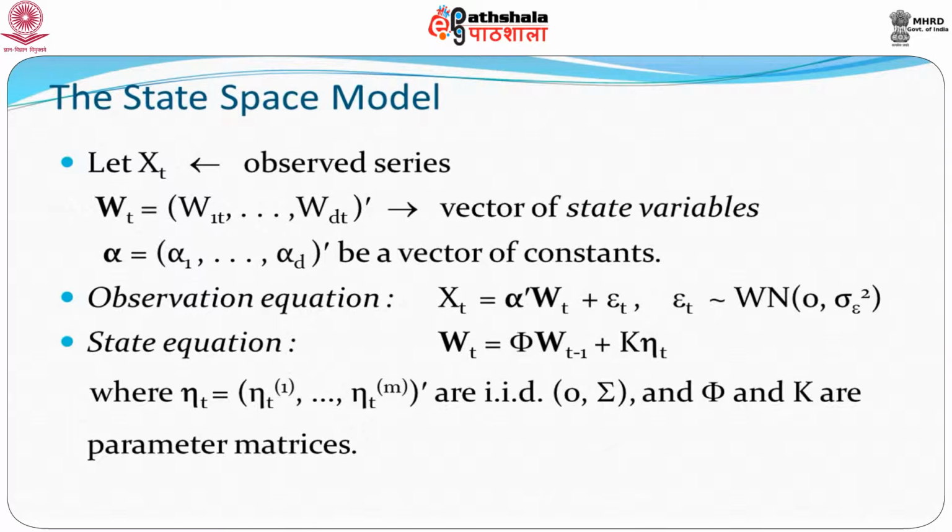The state equations which are formed from the latent variables are wt is equal to phi wt minus 1 plus k eta t, where the eta t's actually act as the errors, and these are IID with 0 mean and variance sigma. Phi and k are of course the parameter matrices. So, this is the setup that we have got.